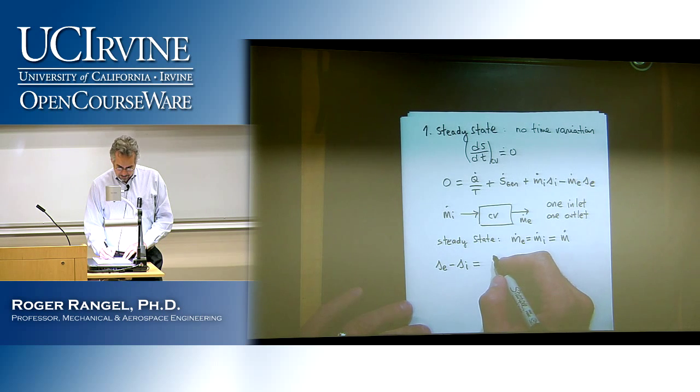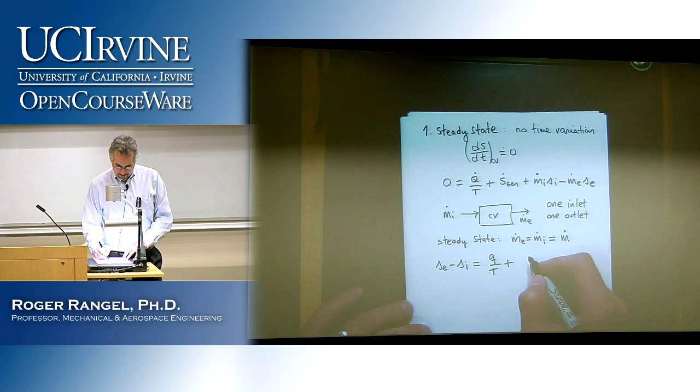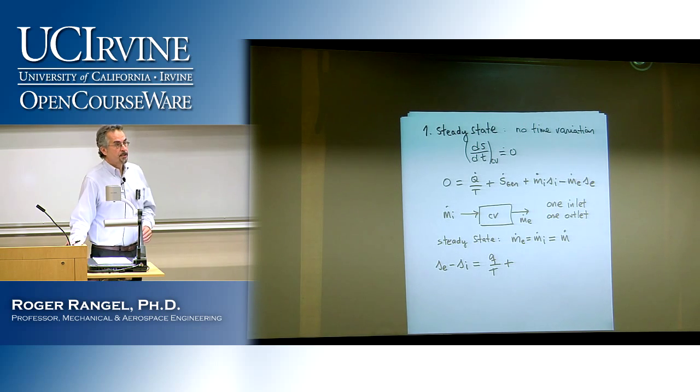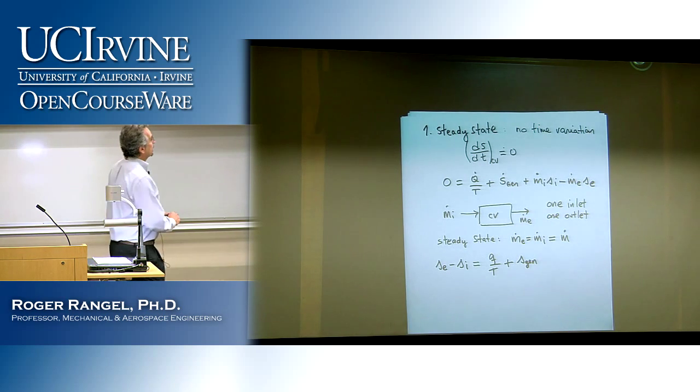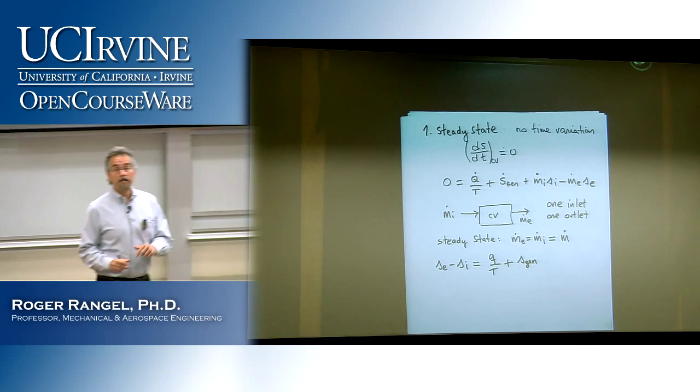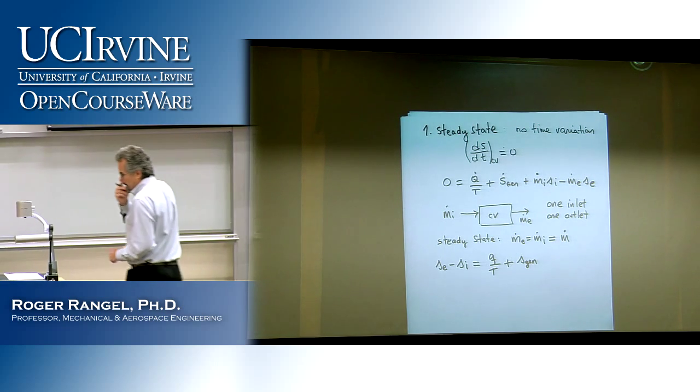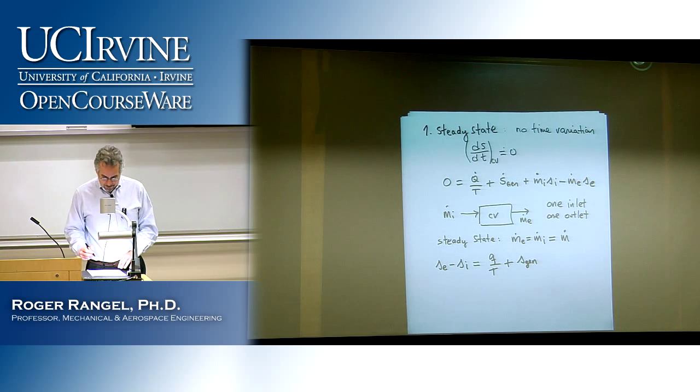So what is Q dot over m dot? Small q. And capital S dot generation divided by m dot is lowercase s generation. That's the generation of entropy per unit mass.